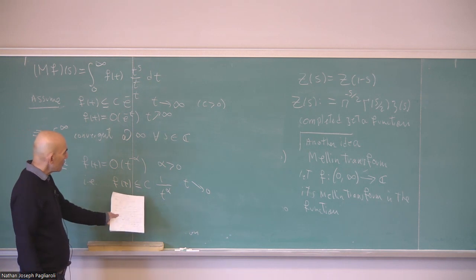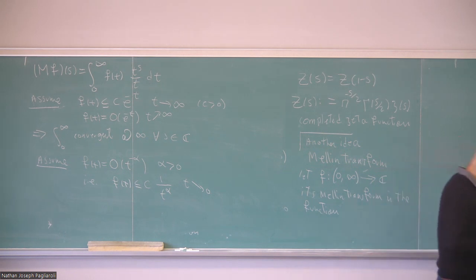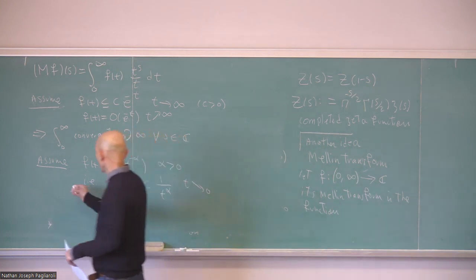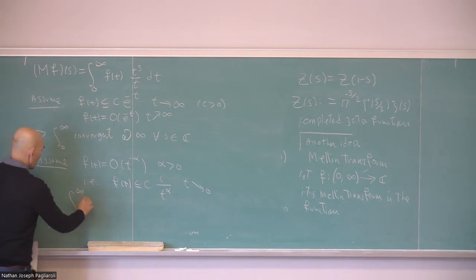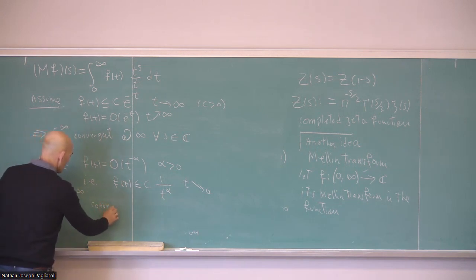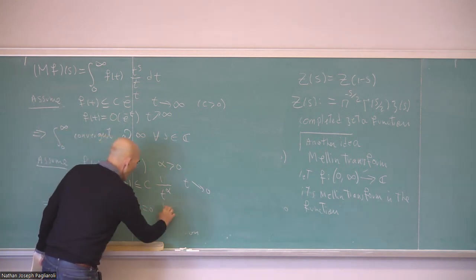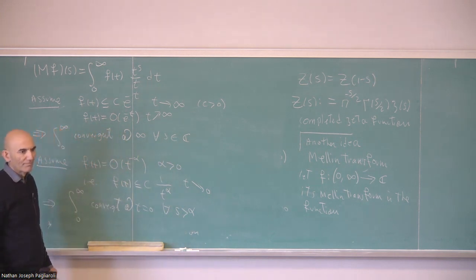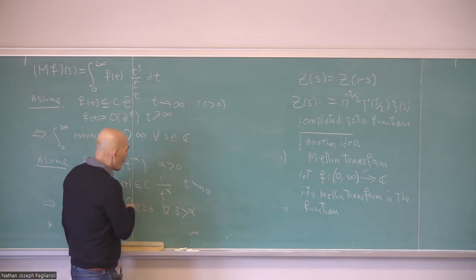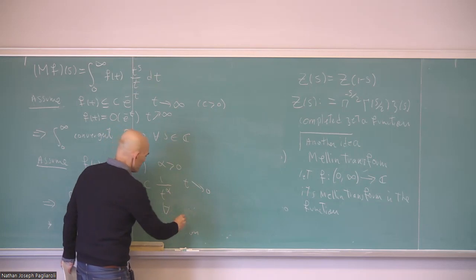If we have this condition, it implies that the integral from 0 to infinity is convergent at t equals 0 for all values of s bigger than alpha. Because I'm working with complex numbers, I better write the real part of s bigger than alpha.